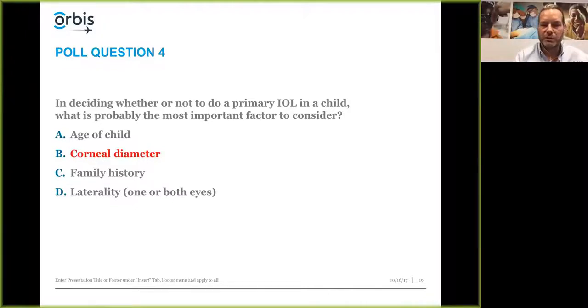We do know from the infant aphakia study that at least for unilateral cases, there's a higher reoperation rate or complication rate with intraocular lenses in infants, but that doesn't mean you can't do them.